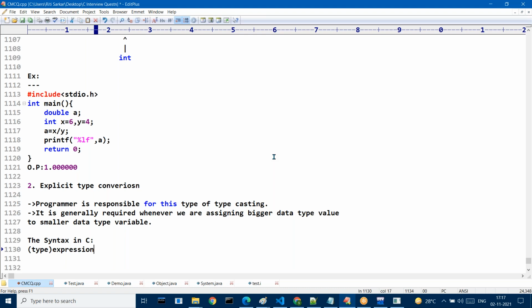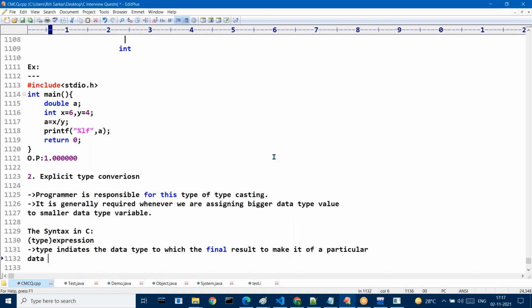Type indicates the data type to which we want to make the final result of a particular data type.